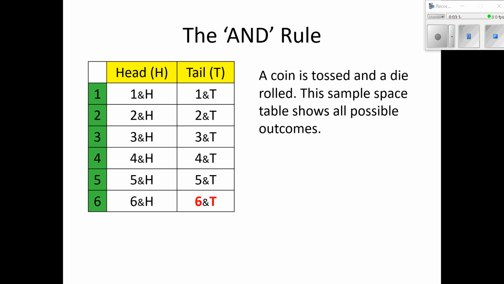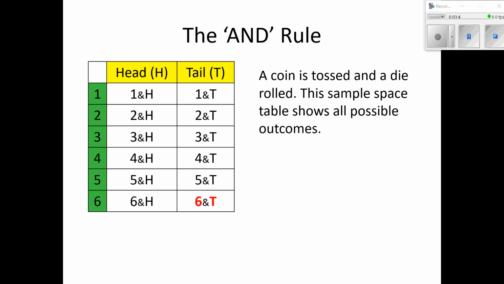So everything that can happen here is to do with the coin, heads or tails, and the dice or the die. There's 6 faces numbered 1 through to 6, so that's everything that can happen. And 6 times 2 is 12. So there's 12 possibilities or outcomes.